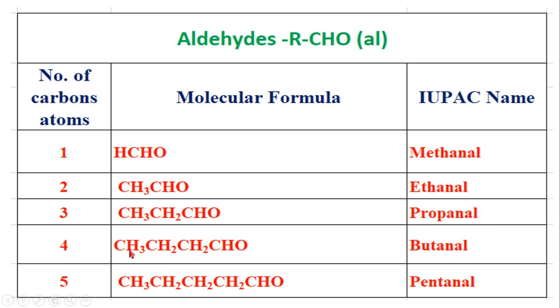Then number of carbon atoms 4: CH3CH2CH2CHO. Here 4 carbon means butanal. 5 carbon: CH3CH2CH2CH2CHO. Totally 5 carbon atoms, with the functional group CHO, aldehyde, that is pentanal. Methanal, ethanal, propanal, butanal and pentanal.